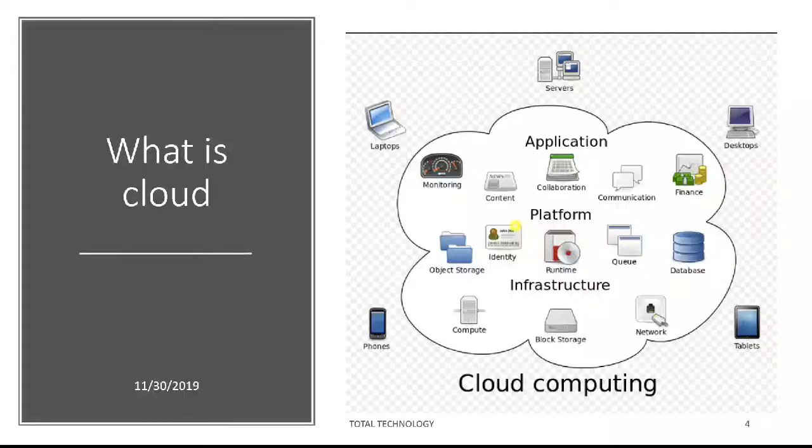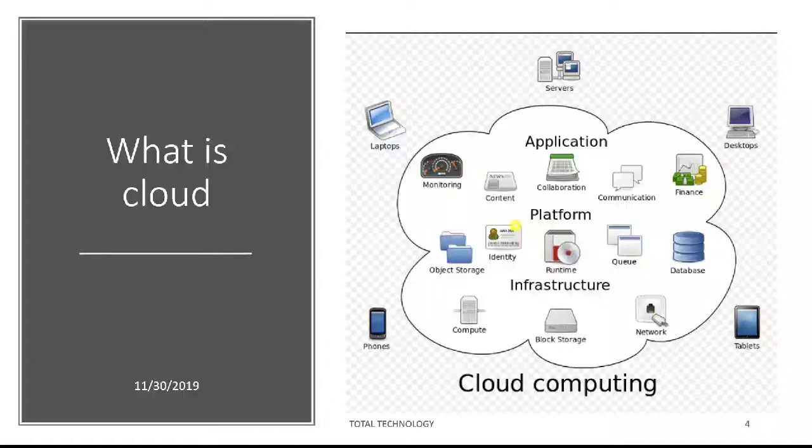Networking means different networking applications, or you can use the cloud as a platform for object storage, identity management, databases, and different applications hosted in the cloud, data collection and monitoring, then content, collaboration, and communication. Everything is in the cloud today, and your phones, tablets, laptops, smartphones, servers, or desktops fetch data to and fro.